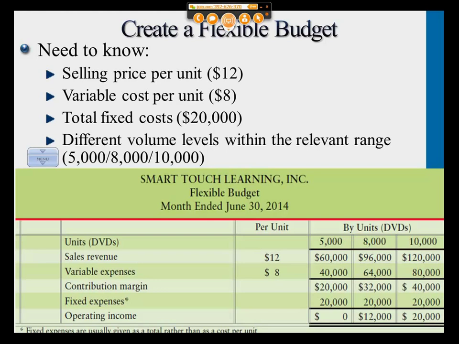So how do we identify that this is a flexible budget? We have this by units columns, right? Where we identify different volume levels within the relevant range. So for us, the relevant range is 5,000, 8,000, and 10,000. So we calculate our flexible budget by units here.